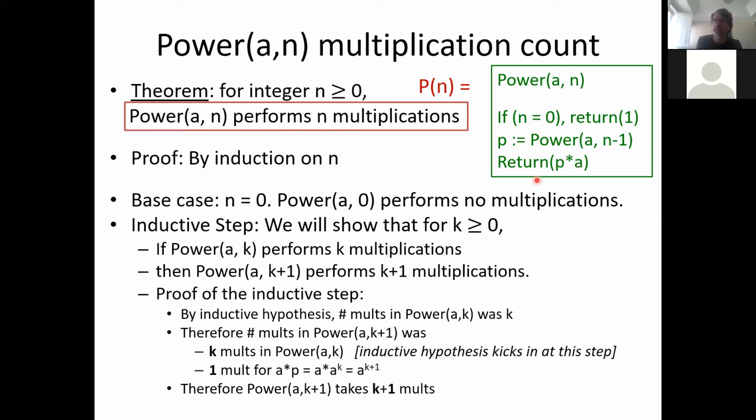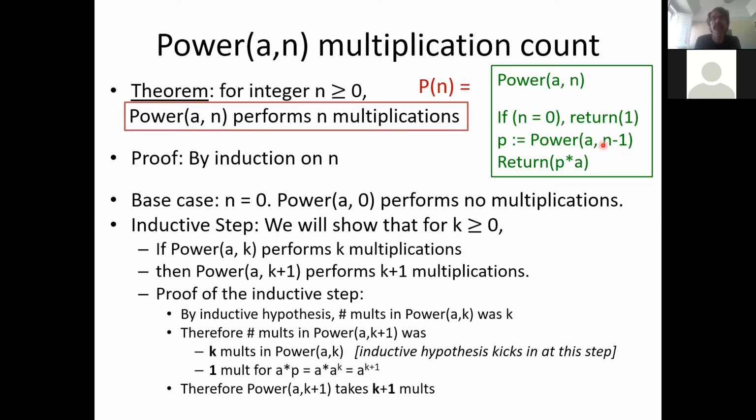If something works for k, then I'm going to argue that it works for k plus 1, and therefore recursively, because it works for k plus 1, then it works for k plus 2, and recursively works for k plus 3, etc. This is exactly how recursive algorithms work. Something can be done at n minus 1, and therefore it can be done at n, and so forth. So they are just the exact match for one another.